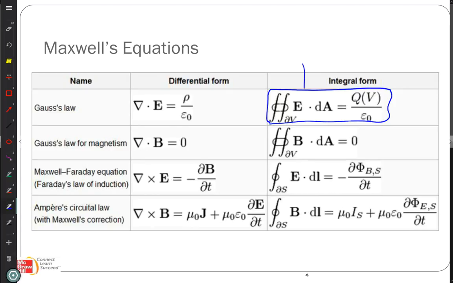So this side here, the electric flux, is equal to the charge enclosed over epsilon 0. It's what we learned. But it's written in a calculus form. Over here, it's written in a differential form rather than integral. The magnetism one, the magnetic flux is equal to 0 on a closed surface because you have no charge enclosed.